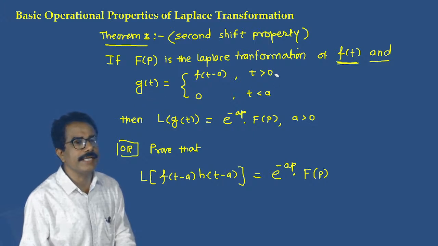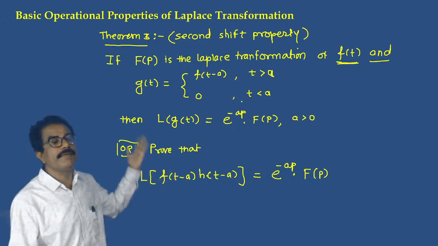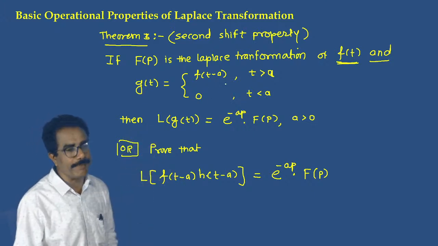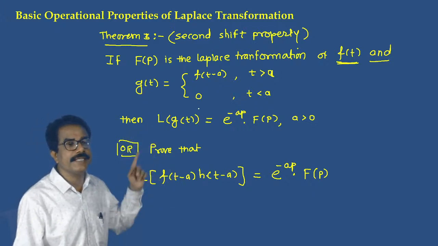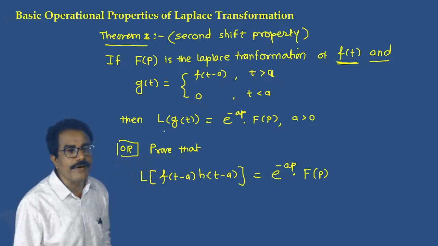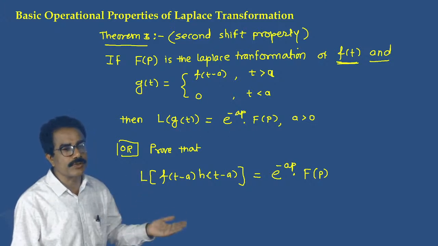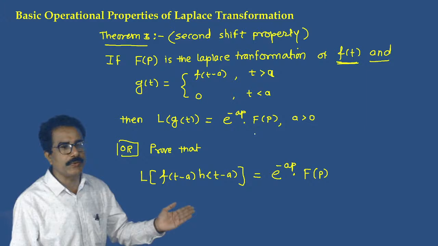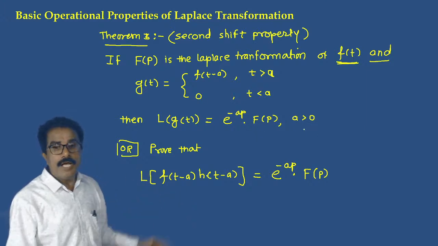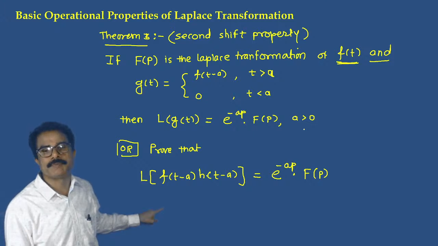You have to write a here. If t is greater than a, then the value of g of t is f of t minus a, and if t is less than a, then the value of g is 0. Then the Laplace transformation of g of t is e raised to minus ap into F of p. Also we can write this theorem in this form.